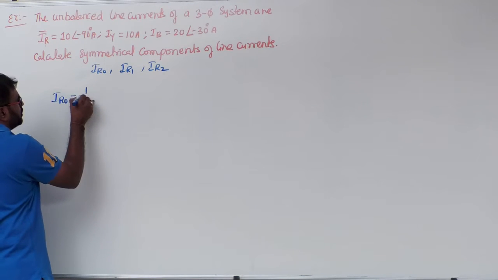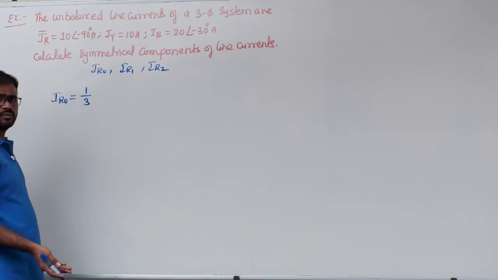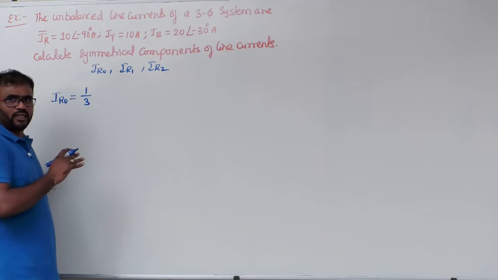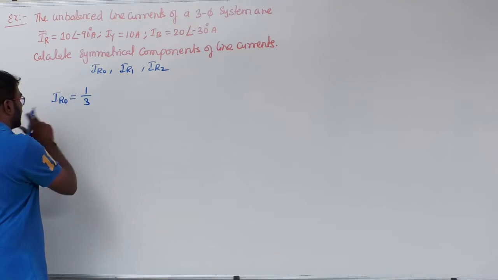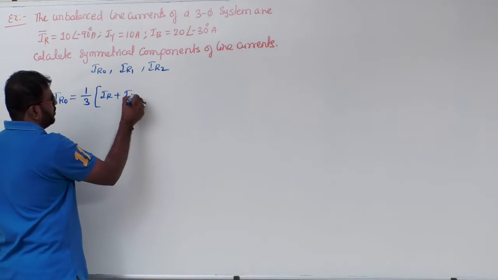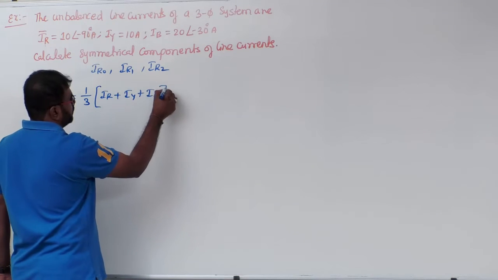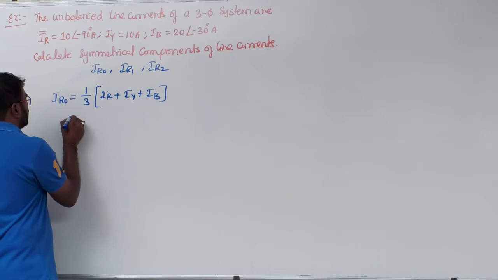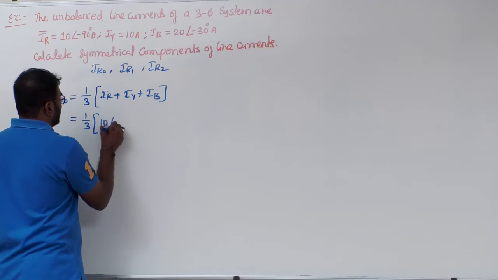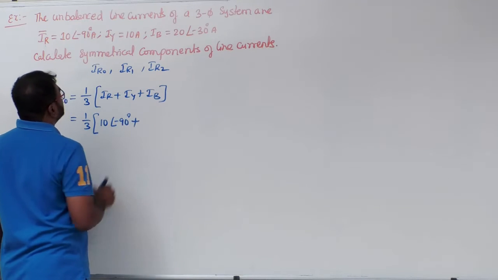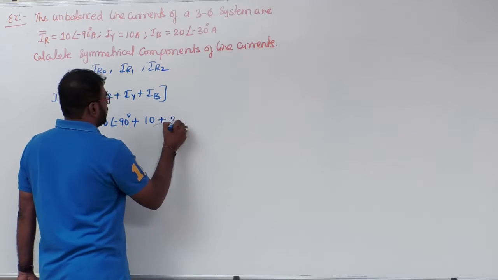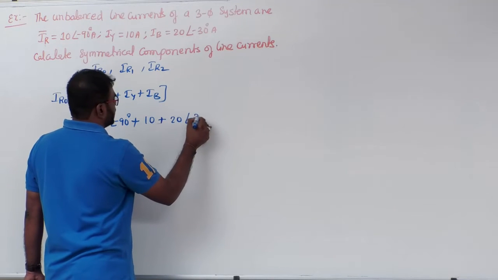IR0 is just similar to voltages, replacing V with I, everything else the same. IR0 equals 1 by 3 times (IR plus IY plus IB). Substituting: 1 by 3 times (10 at an angle minus 90, plus IY which is 10, plus IB which is 20 at an angle minus 30 degrees).